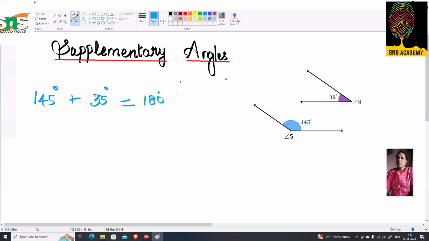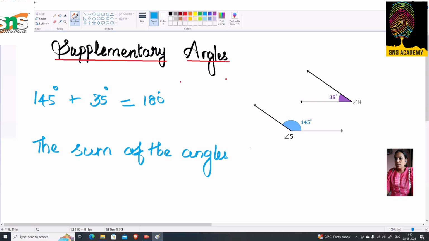So when you are finding the sum of the angles, the sum of any two angles is 180 degrees. We always write it with a pair, not more than two angles, always with the pair.